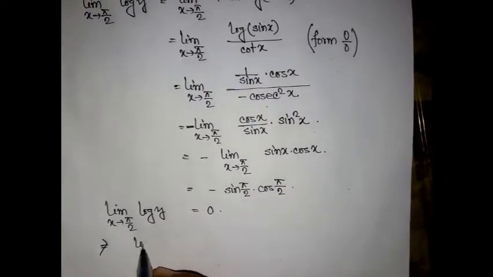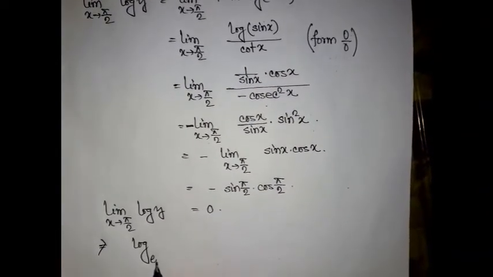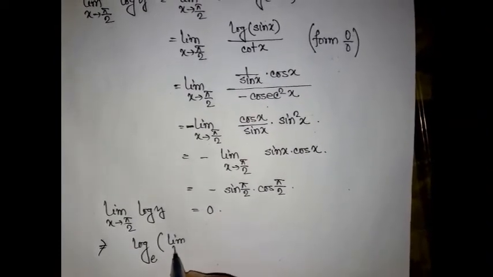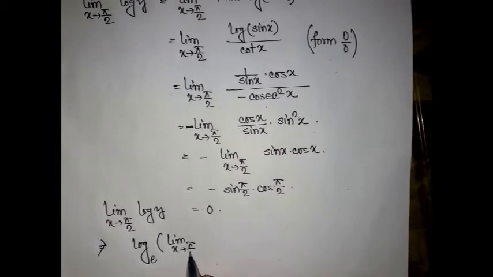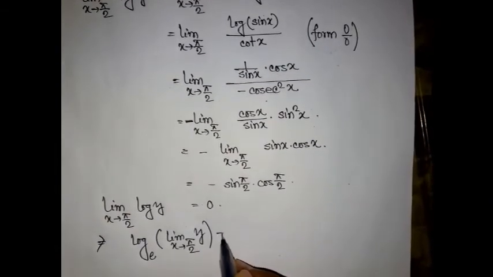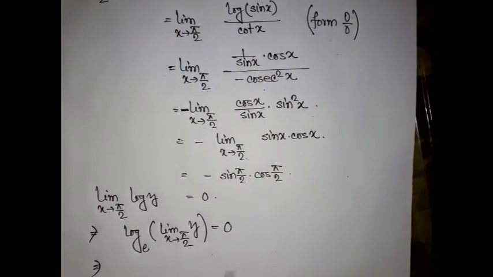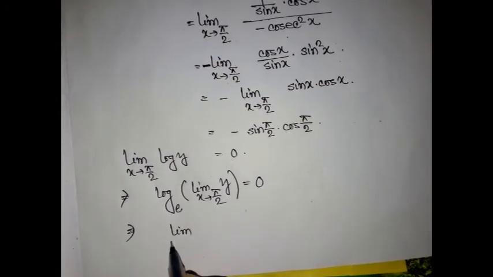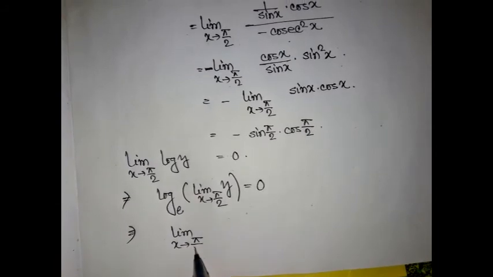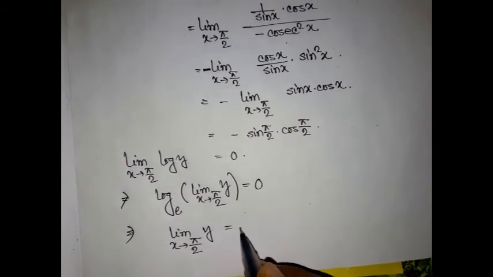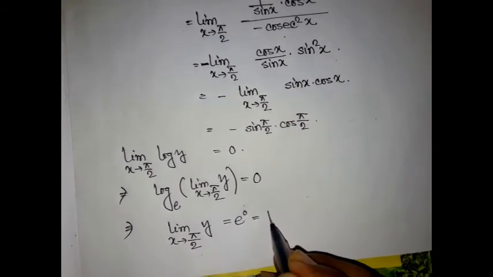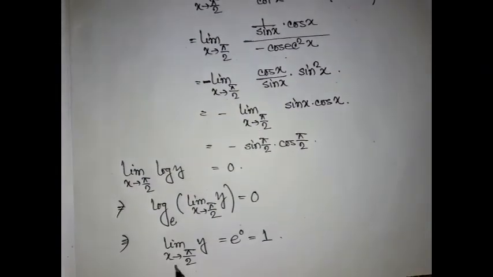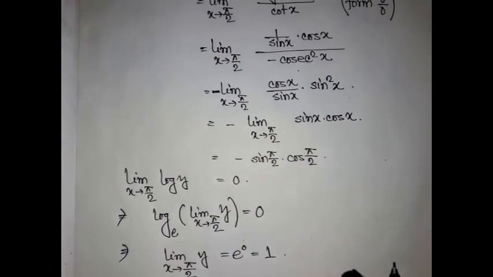If you consider log, definitely base e, so if you convert this logarithm into exponent form, then limit x tends to pi by 2 of y equals to e to the power 0, that means 1, and y is our limit, so the limit value is 1. Understood?